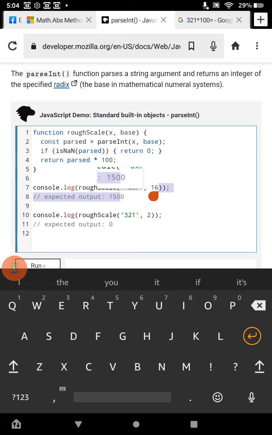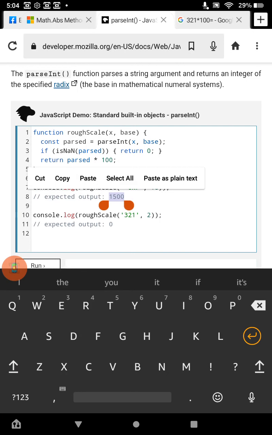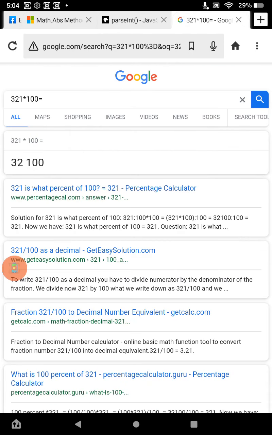That's why this expected output is accurate, because it reads it right.